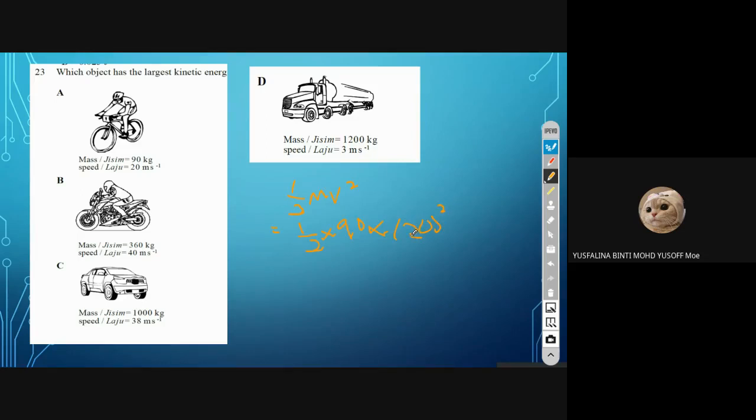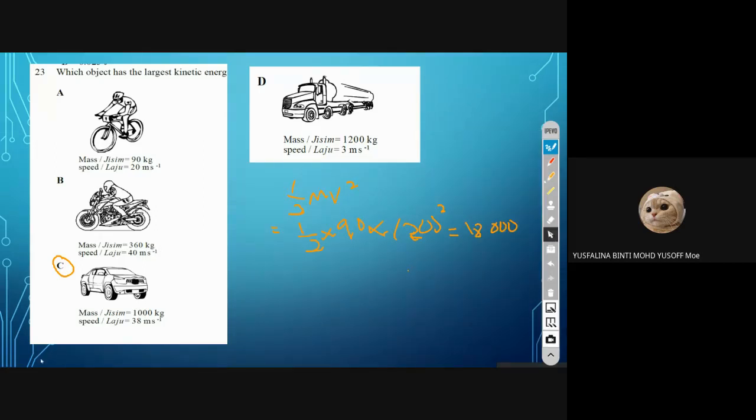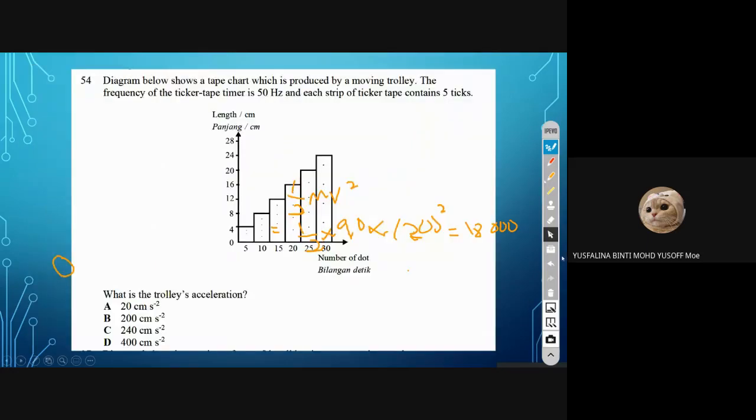Then you use your calculator, and you get 18,000. Then use the same formula to calculate A, B, C, and D. I already calculated, so I got the answer is C. Use the same method and then choose which one is the largest. Okay, so next we move to the next question.